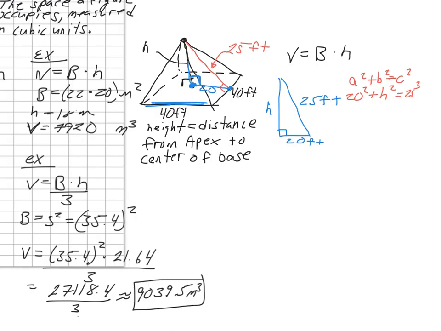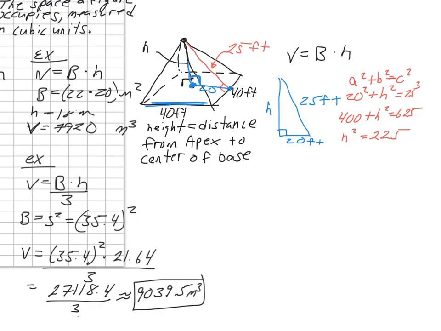So I have 20 squared plus h squared is equal to 25 squared. 20 squared is 400 plus h squared, and 25 squared is 625. Solving for h squared, I subtract 400 from each side and get h squared is equal to 225.